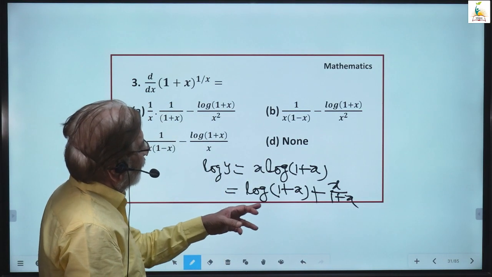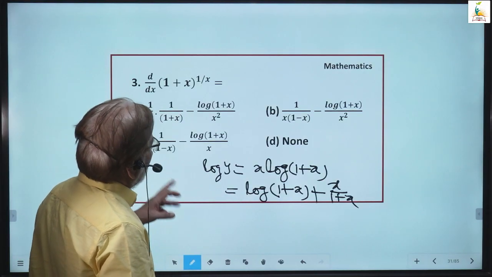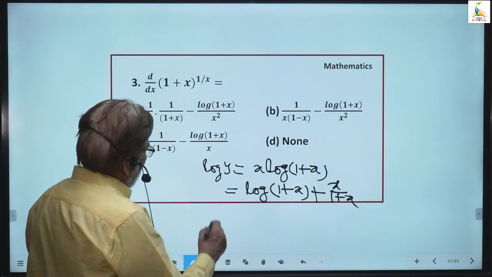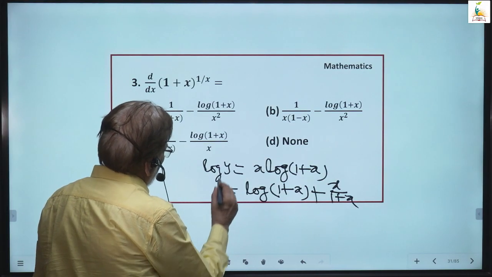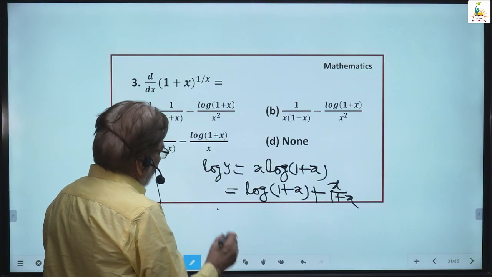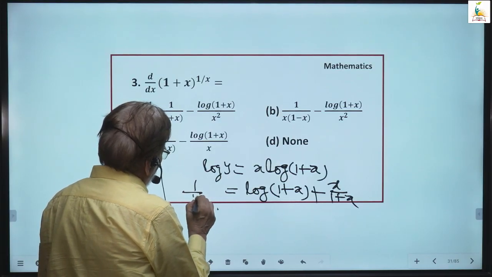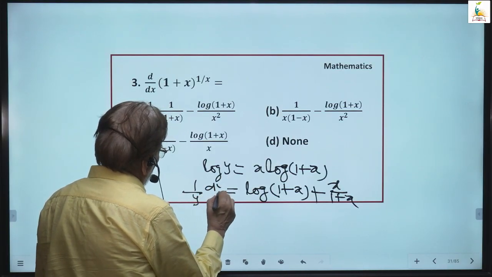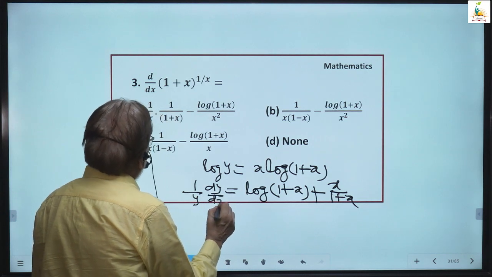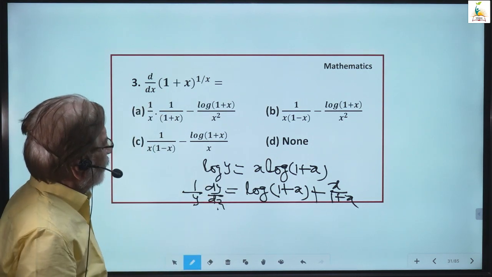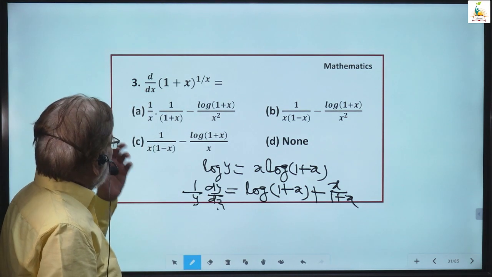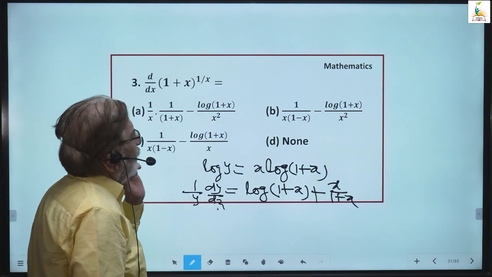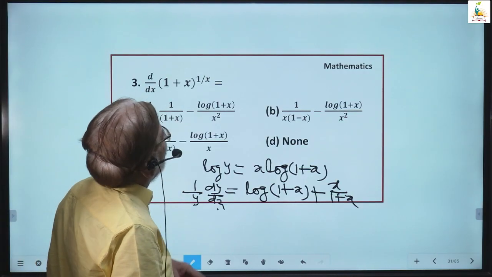So, 1 upon y dy upon dx shall be equal to y into this.